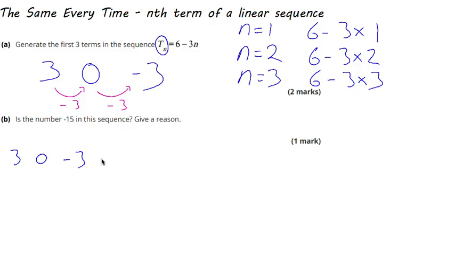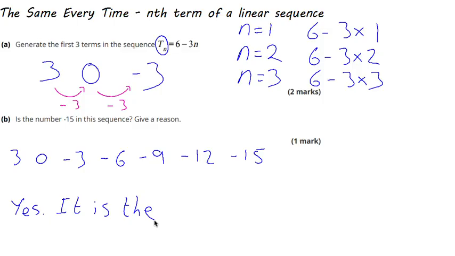Think about moving to the left on your number line. Negative 6, negative 9, negative 12, negative 15. So the answer is yes, negative 15 is in this sequence, and which term is it? 1, 2, 3, 4, 5, 6, 7.